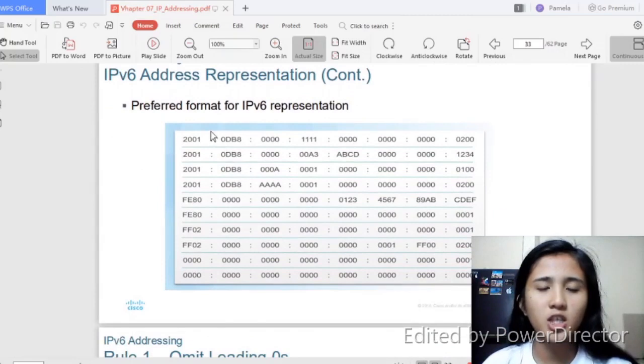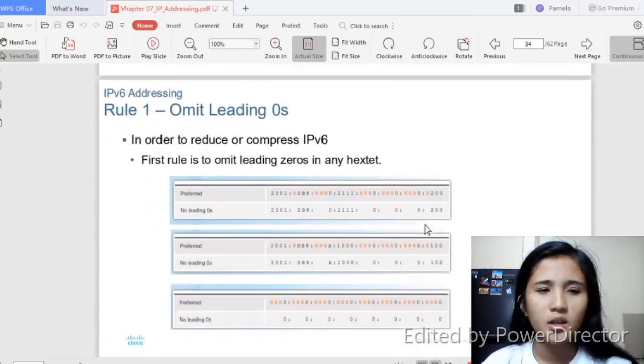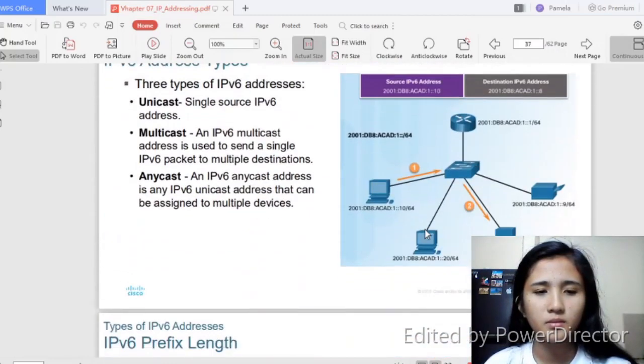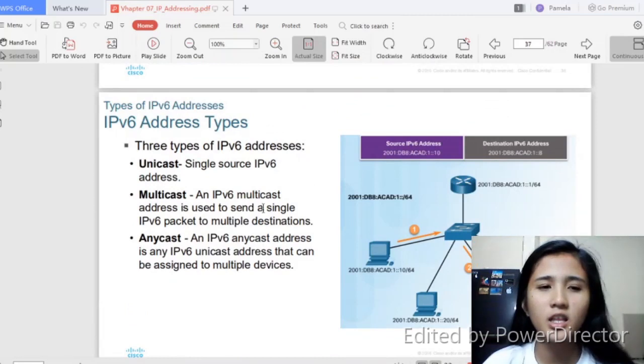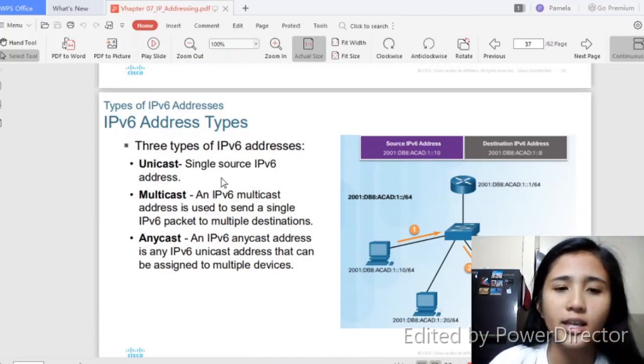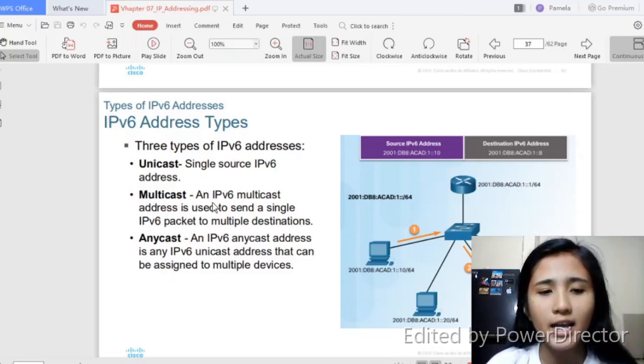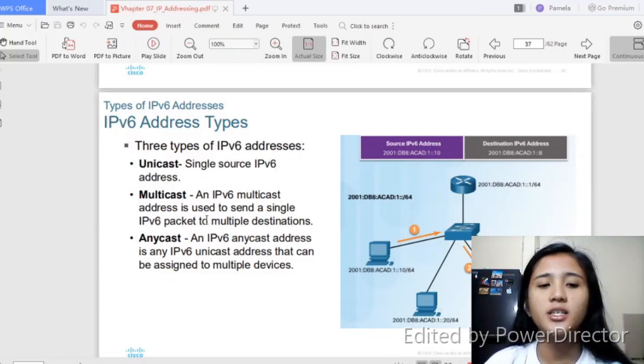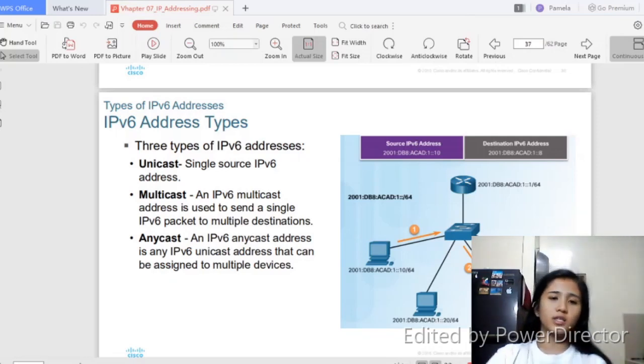So it is the IPv6 address representation. Then the three types of IPv6 addresses: unicast, a single source IPv6 address; multicast, an IPv6 multicast address used to send a single IPv6 packet to multiple destinations; and lastly, anycast, an IPv6 address that can be assigned to multiple devices.